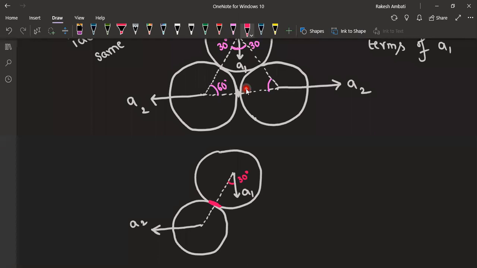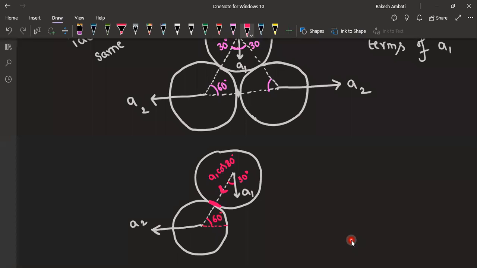If this angle is 30 degrees, A1 resolves into components. Now this component of acceleration is A1 cos 30, and it is present along the normal to the contact surface. In the same way, this angle we already have is equal to 60 degrees.